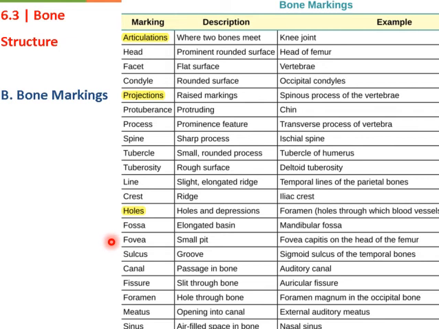And we have fovea, a smaller pit. Sulcus is a groove. If the sulcus becomes too deep, we call it a fissure. We have a canal, which is a passage in the bone, and the opening of this canal is called meatus. And we have the foramen, which is a regular hole, and the sinus, which is an air-filled space in the bone.